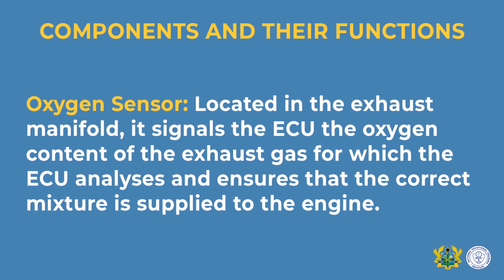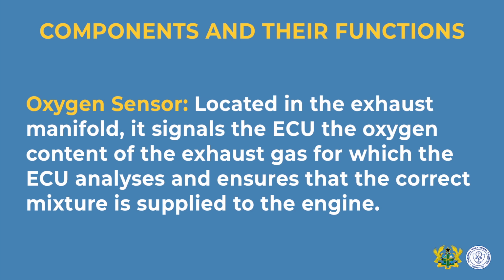This oxygen sensor is located in the exhaust stream. It can be located in the exhaust silencer. What does it do? It senses the oxygen content of the exhaust gas and therefore indicates to the ECU, the electronic control unit, the amount of oxygen that is in the system. If it is less or more, it will indicate in a signal form.